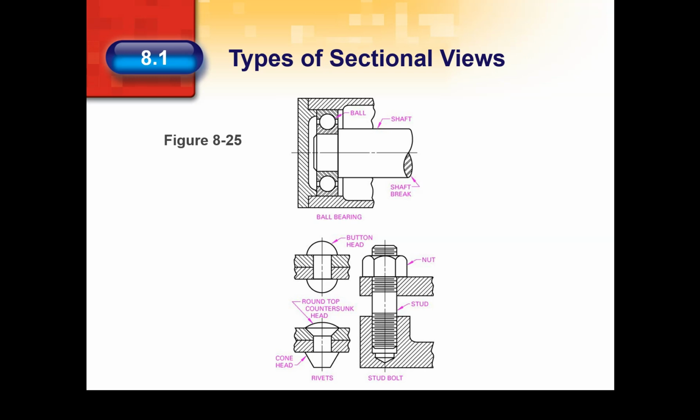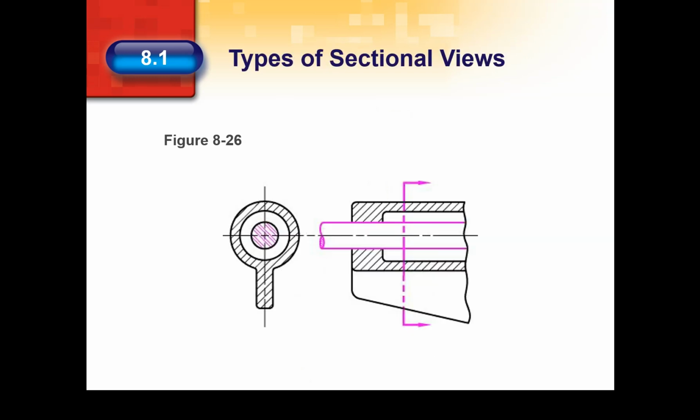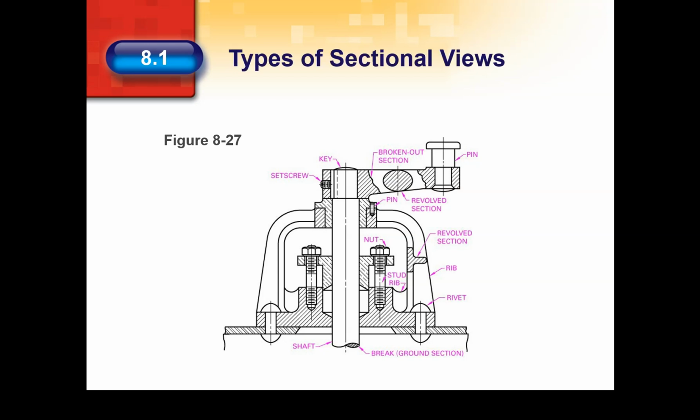These objects are not sectioned because they have no inside details. Also, sectioning might give the wrong idea of the part. However, when such parts are cut across the axis, they should be sectioned. The sectional assembly in Figure 827 shows names and drawings of other items that should not be sectioned.